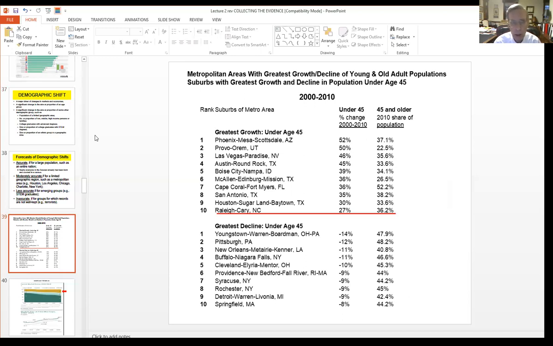Where are you going to look for growth opportunities? Are you going to look for them in the Rust Belt? I don't think a whole lot of investment by retailers is going to occur in the Rust Belt. How about in the Sun Belt on the top group? Oh yeah, okay.